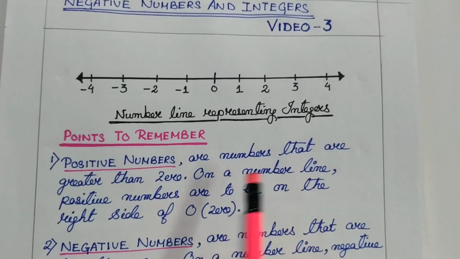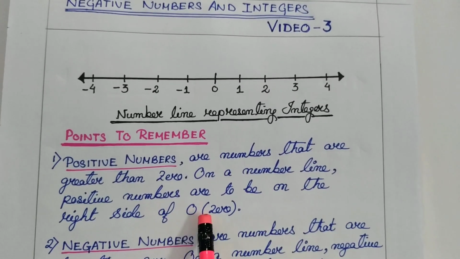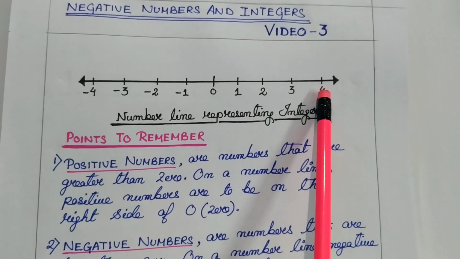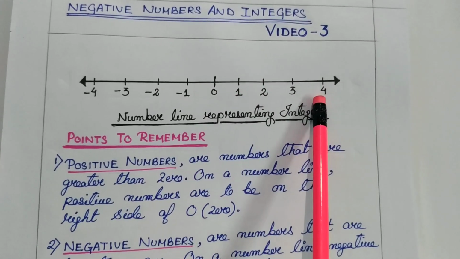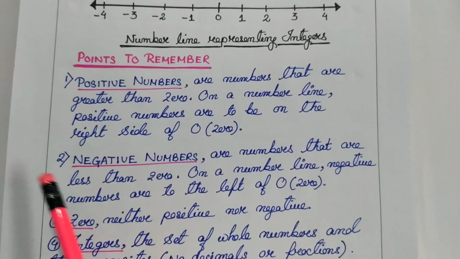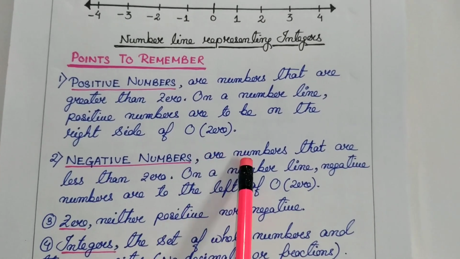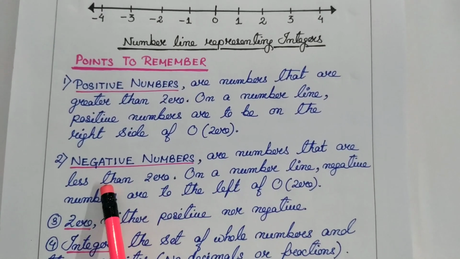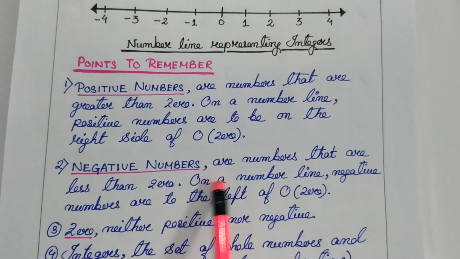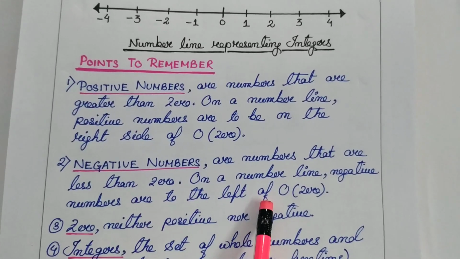On a number line, positive numbers are on the right hand side of 0. So this is 0 and right hand side of 0 means this side. So these are all positive numbers. Then number 2, negative numbers are numbers that are less than 0. On a number line, negative numbers are to the left of 0.